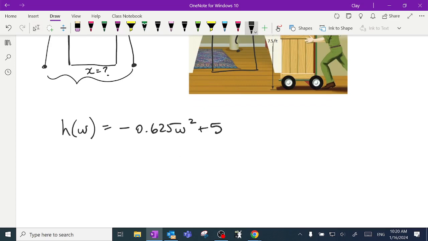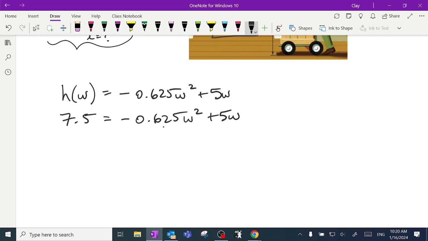So when this height is 7.5, how much is w? Okay, when you're solving a quadratic, you move everything to one side. So I'm going to move these two terms to the left side. So I'm going to add this one, and I'm going to subtract that one.